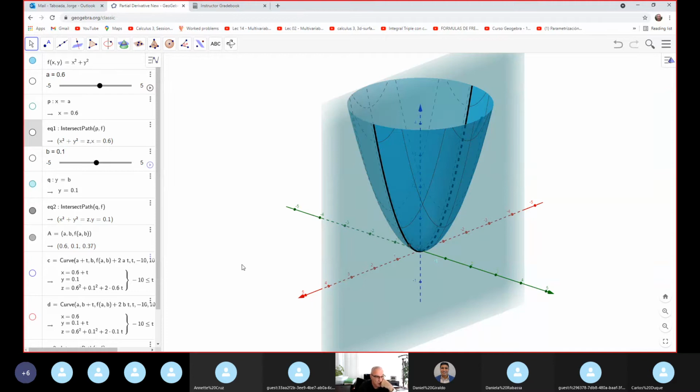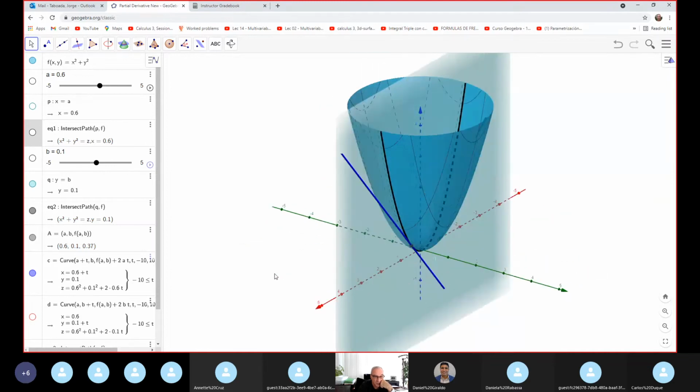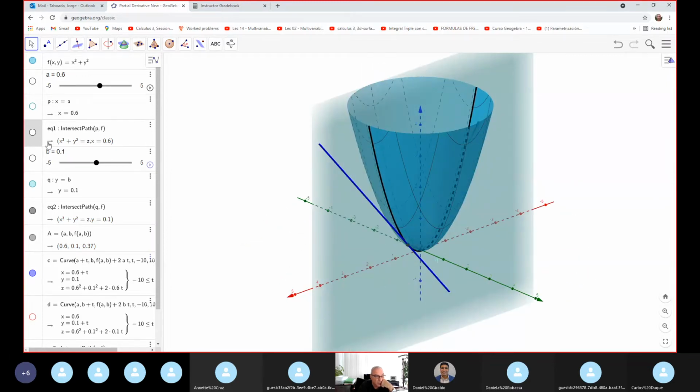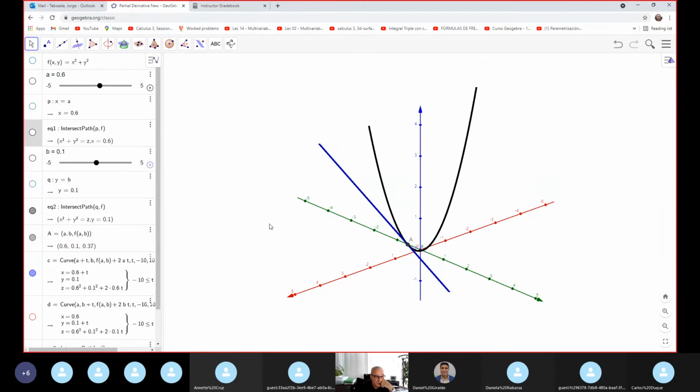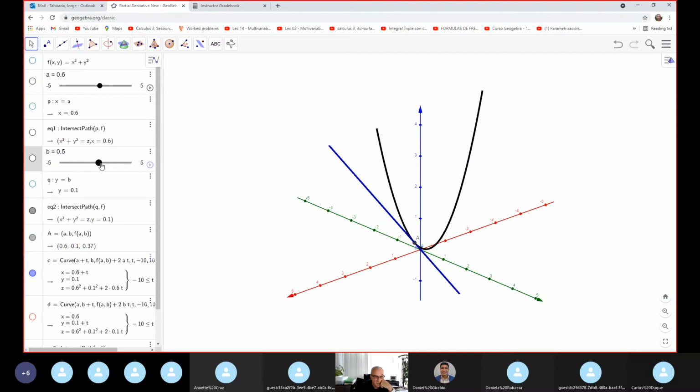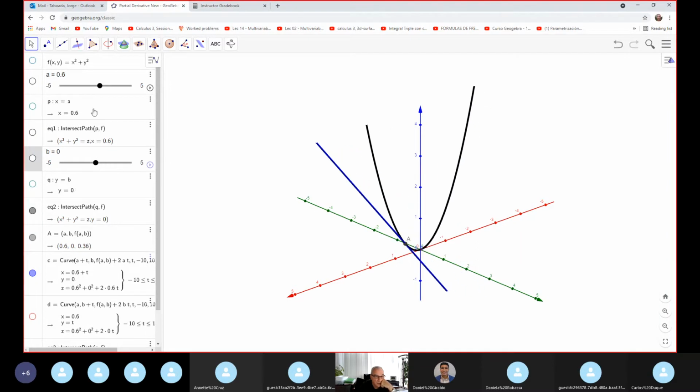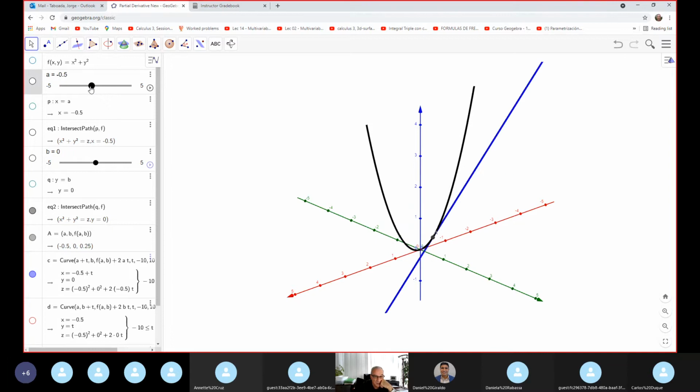Now the curve, I suppose it's this one, in blue color. So you remove, for example, the paraboloid, you remove the plane, we have only the curve and the tangent line, and you manipulate this slider.